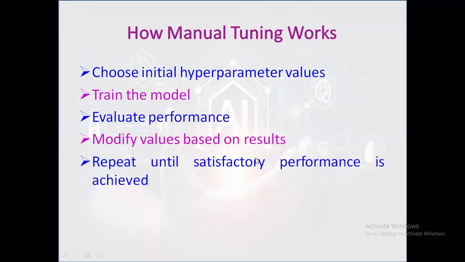Next, we have to repeat until satisfactory performance is achieved. So we have to keep on doing this process until we get the perfect output. This process continues iteratively until the researchers believe the model performance is acceptable or improvements stop appearing.